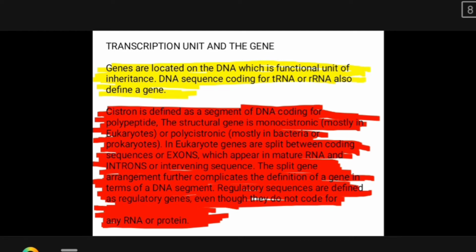The coding strand does not code for anything. All the references are made with respect to the coding strand. That is, the promoter is located upstream with respect to the coding strand, and the terminator is located downstream with respect to the coding strand. It does not code for anything. So similarly here, regulatory sequences are defined as a regulatory gene even though they do not code for any RNA or protein.